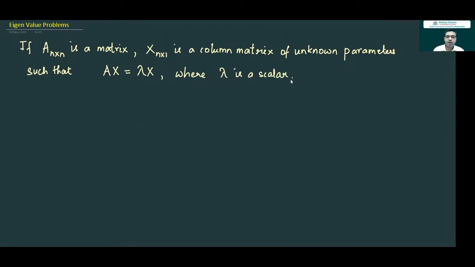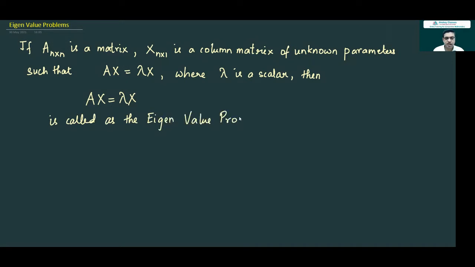Okay, then this Ax is equal to lambda x is called the eigenvalue problem. Now, what is the solution?